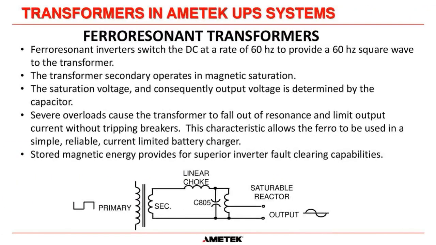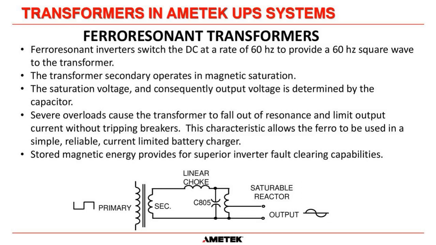The ferroresonance systems, on the other hand, operate at 60 hertz, and we just build a 60 hertz square wave driving the input to the transformer. The transformer, the ferro transformer secondary, operates in a form of magnetic saturation.